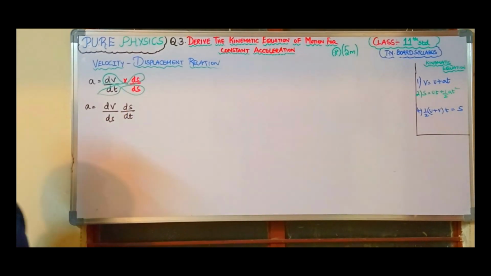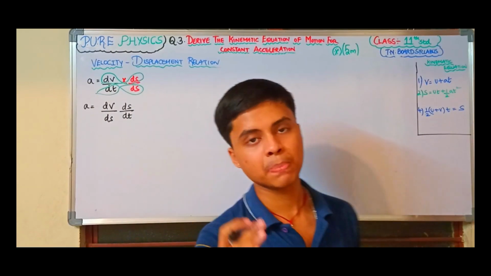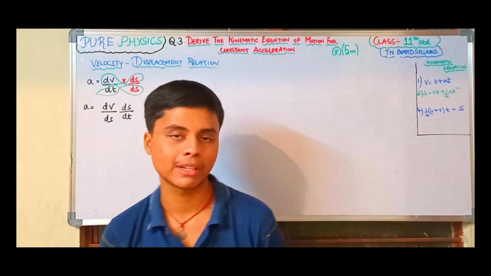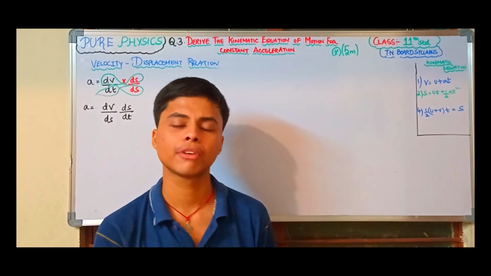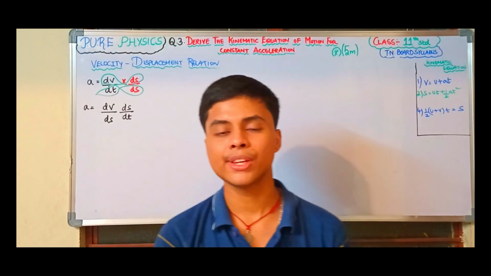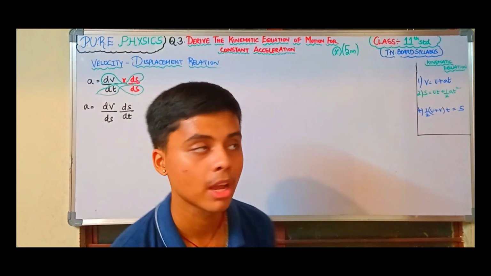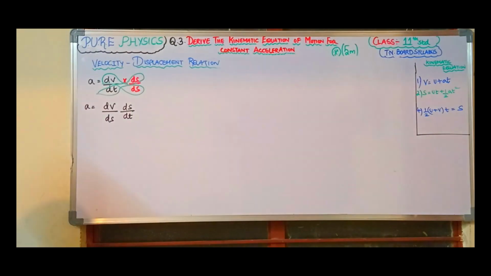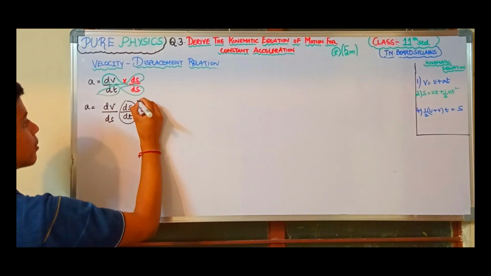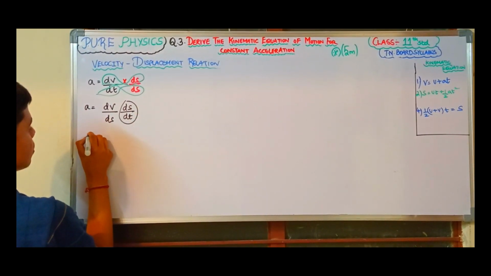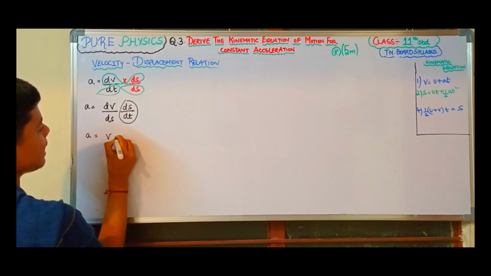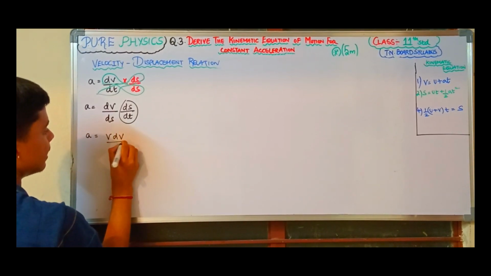What is ds by dt? From our displacement time relation, the first step was the definition of velocity. Velocity of a body is defined as the first derivative of displacement with respect to time. So I'm going to use that definition, and in place of ds by dt, I'm going to substitute v. So a is equal to v dv by ds.